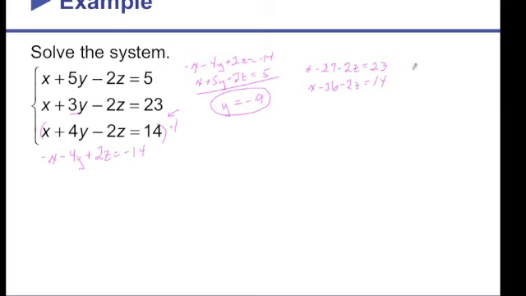Combining like terms, I end up with x minus 2z equals, adding 27 to both sides, 50. And here I'll have x minus 2z equals 50 again. Subtracting, I'll change all of these signs and end up with 0, 0, 0. So 0 equals 0. Since that is true, we have infinitely many solutions.